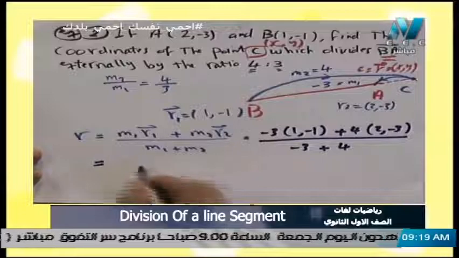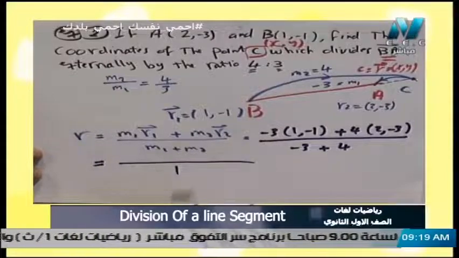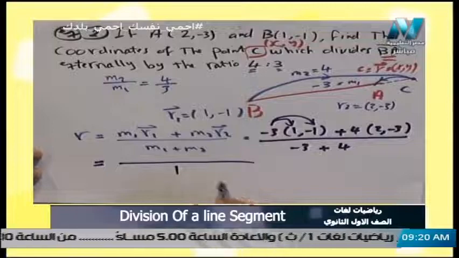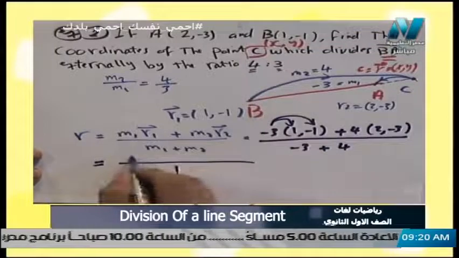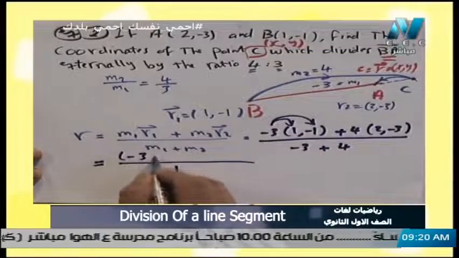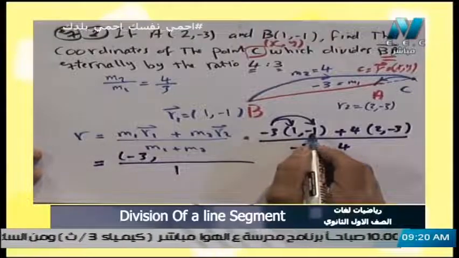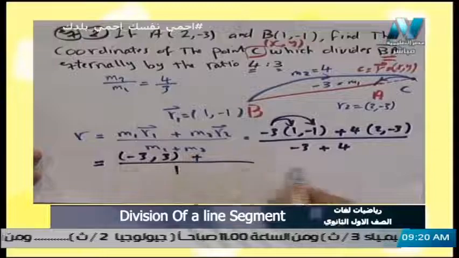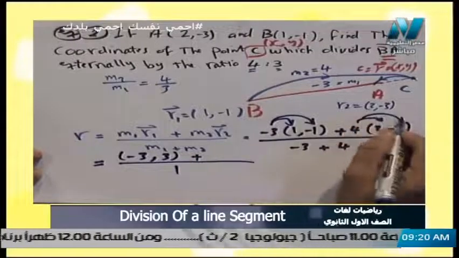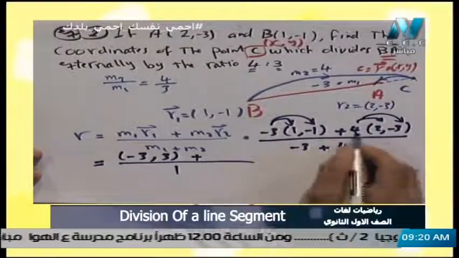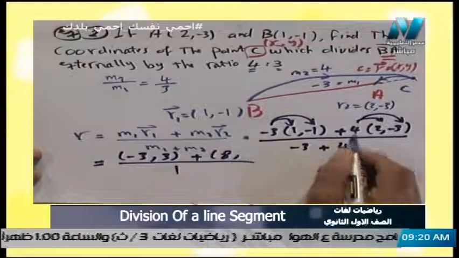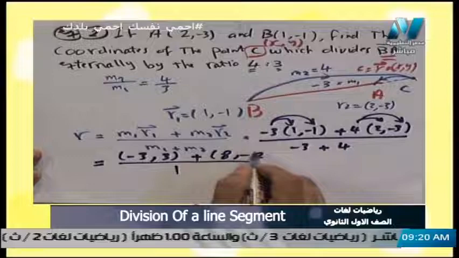And here negative 3 multiplied by (1, -1). So negative 3 multiplied by 1 equals negative 3. Negative 3 multiplied by negative 1 equals 3, plus we multiply 4 by (2, -3). 4 times 2 equals 8, and 4 times negative 3 equals negative 12.